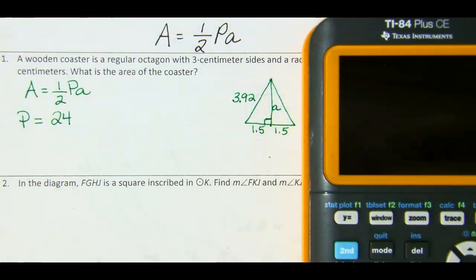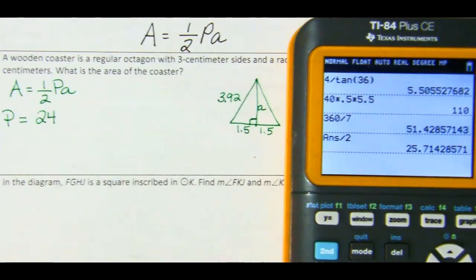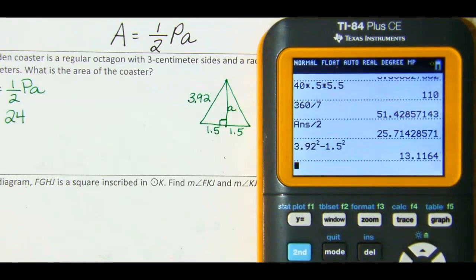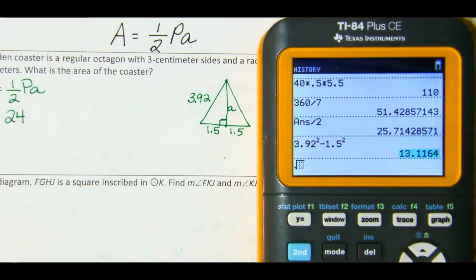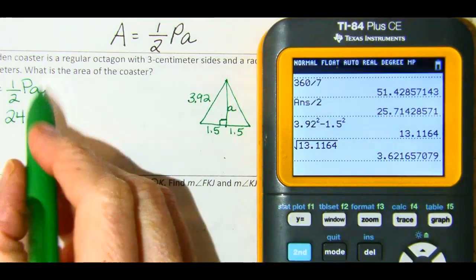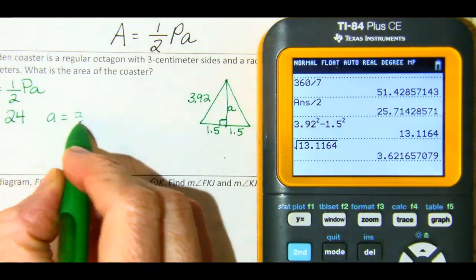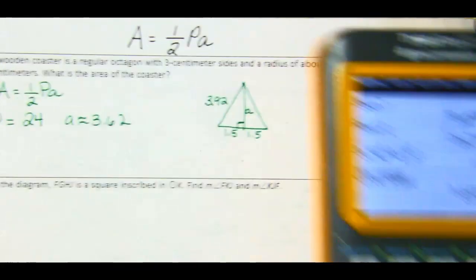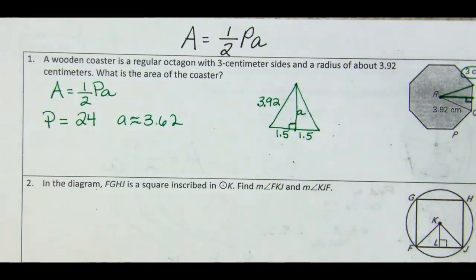So we can just do the Pythagorean theorem. I've got 3.92 squared minus 1.5 squared. Square root that answer, and I get 3.62 for that apothem. So 3.62. And now I have everything I need to find the area of this wooden coaster.